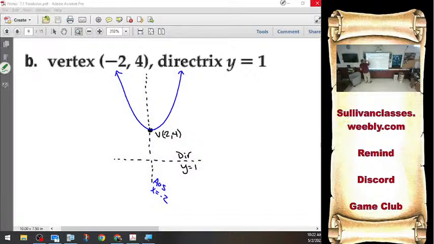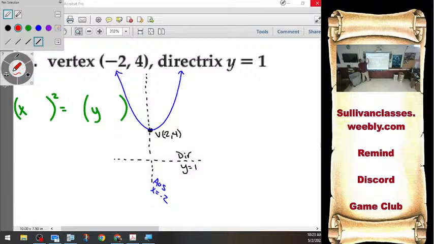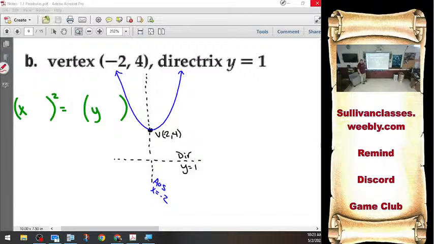Since this thing opens upward, what is squared? X's for vertical. So x squared, y thing. In there I plug, well, I know my vertex, so I got h and k. X minus a -2 is +2. Y minus 4.